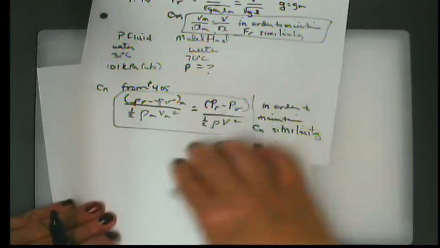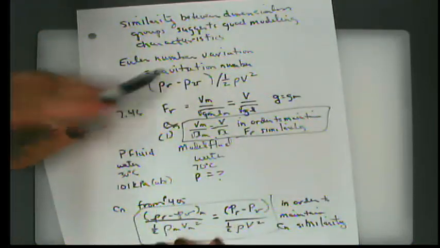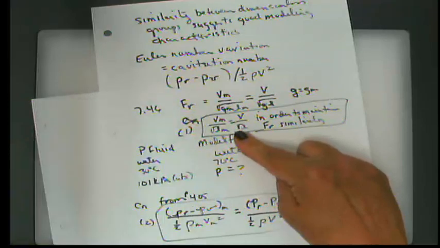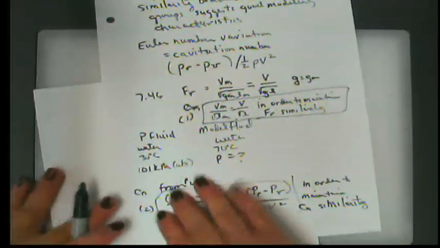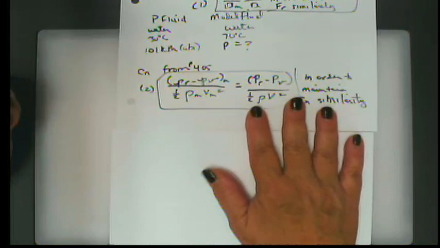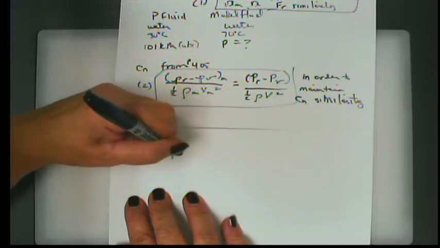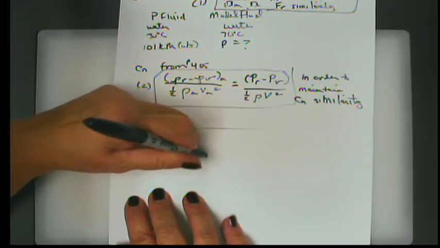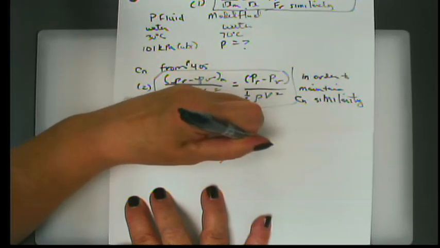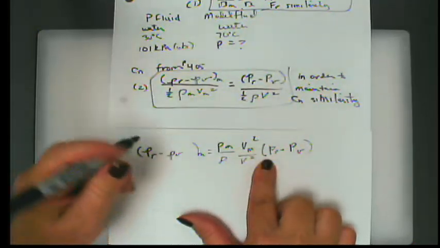If we call this equation 1 and this equation 2, and we incorporate equation 1 for velocity into equation 2, with a little algebra, and I'm doing this a little quickly because I don't want to keep you here as long as I did last time, we can say that on this side, P sub r minus P sub v of the model is going to equal rho m over rho times Vm squared over V squared times Pr minus Pv.